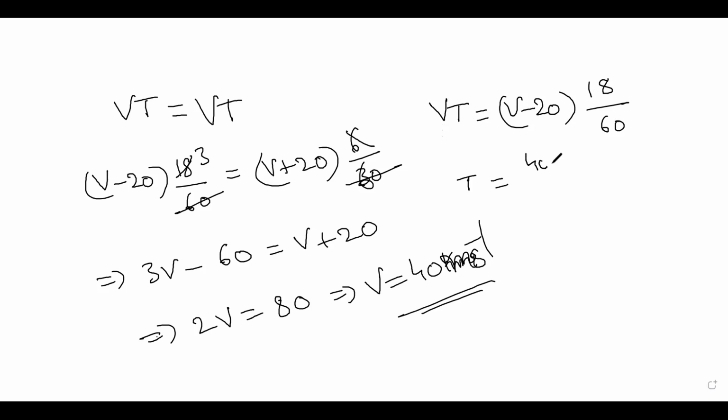So it is (40 minus 20) divided by 40 into 18 by 60. So let us keep it like 18 by 60. 60 will not cancel, keep it as it is. 40 minus 20 is 20, 20 by 40. So 20 by 40 is 1 by 2. So let us cancel, this is 9.